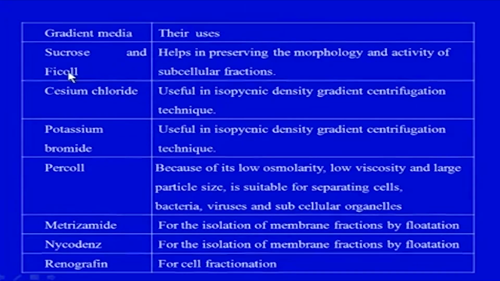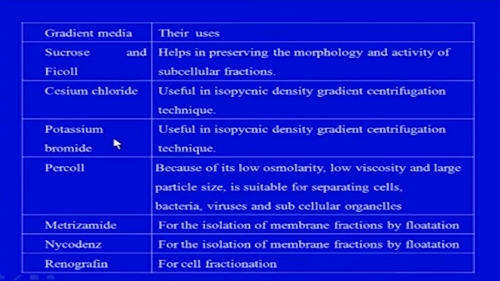Sucrose and Ficoll help in preserving the morphology and activity of subcellular fractions. Cesium chloride is useful in isopycnic density gradient centrifugation techniques; if you recall, nucleic acids are mostly run on cesium chloride density gradient material.